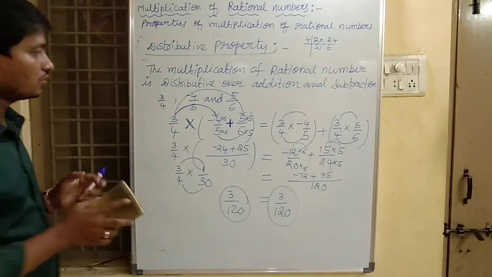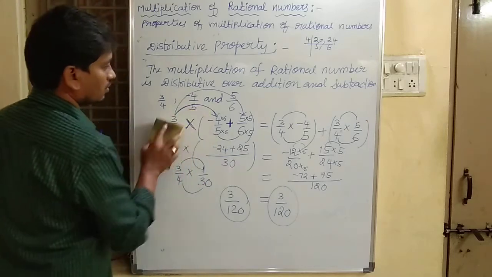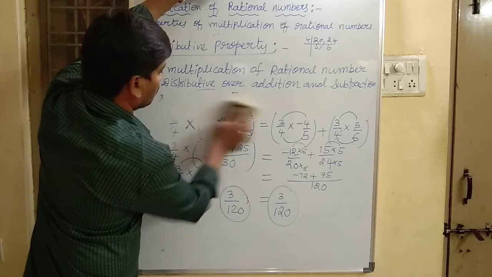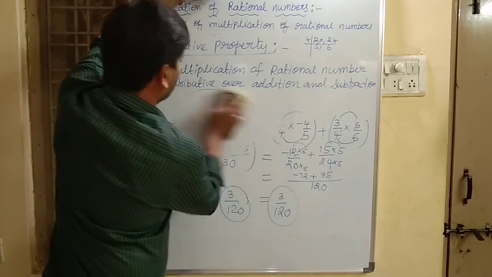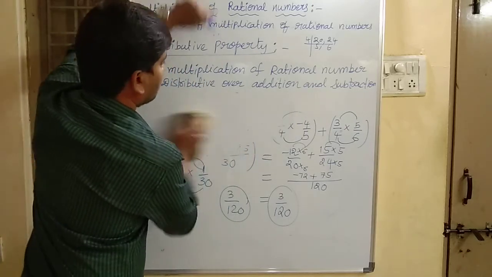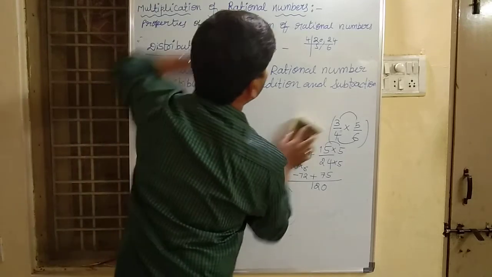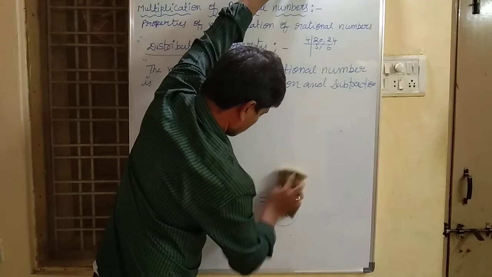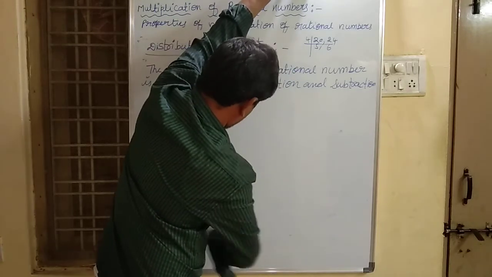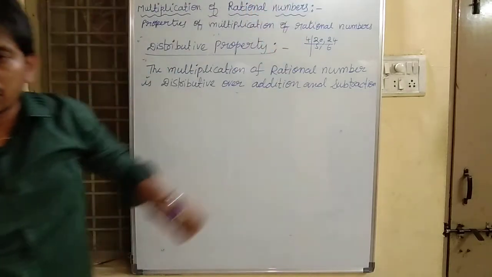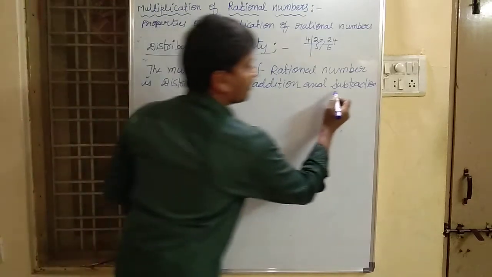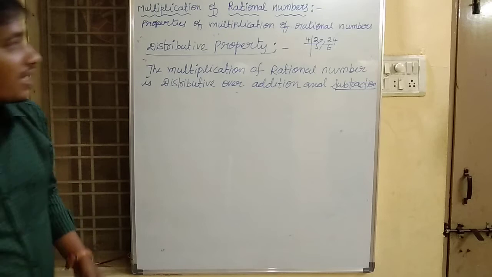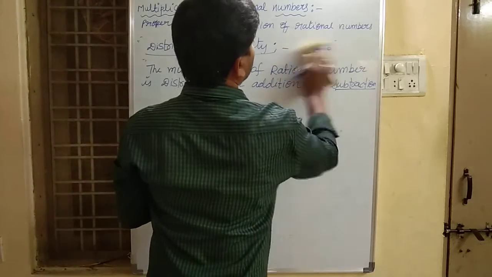So for that, let me take multiplication of rational numbers over subtraction.